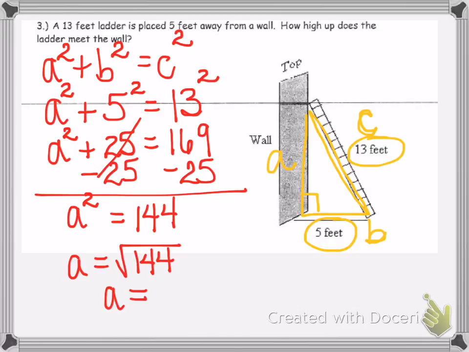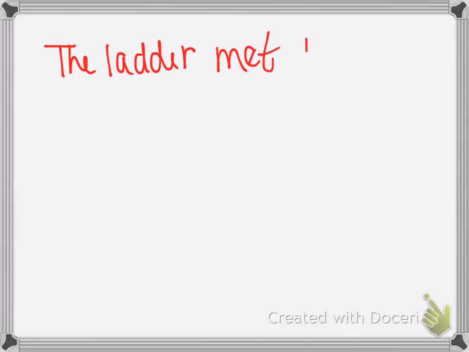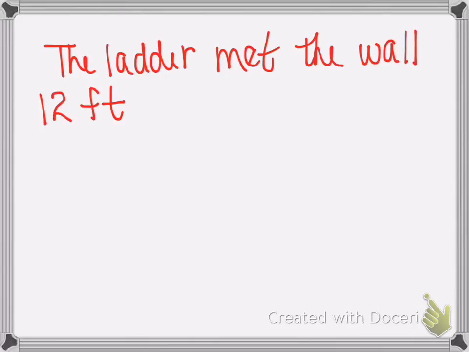So the length of my missing leg of my right triangle is 12 feet. And because this is a word problem, you're going to want to make sure that you write your answer in a sentence with units. So to answer the problem, I'm going to say that the ladder met the wall 12 feet up from the ground.